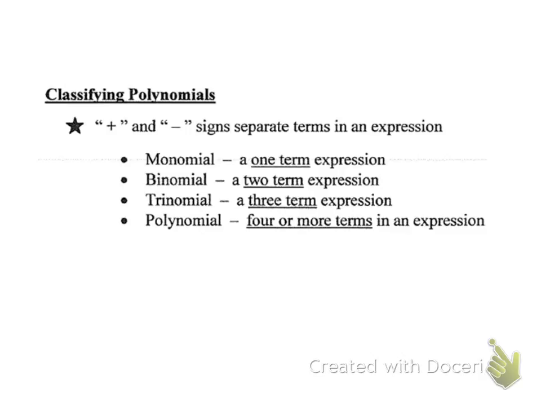So the little star says that plus and minus signs separate terms in an expression. So when I say terms, terms are the parts that are separated by pluses and minuses. Okay? Well, let me show you a quick example. So something like 2x plus 9. 2x is a term, 9 is a term.